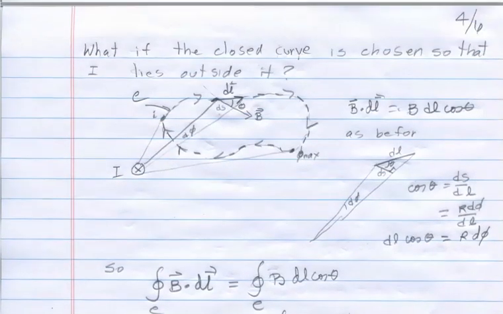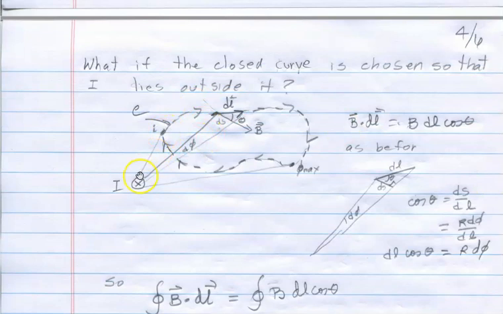What's different now, though, if you look at it, let's say I start over here, and I go around this closed curve. My angle phi is going to increase as I come over here to whatever its maximum is at some point. And then, as I come back along the bottom edge, my angle is going to decrease, and finally it comes back to whatever the angle was at the start.